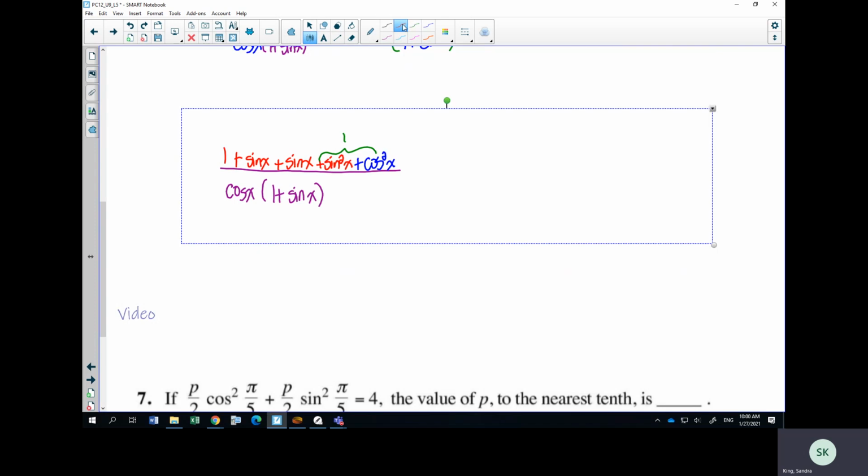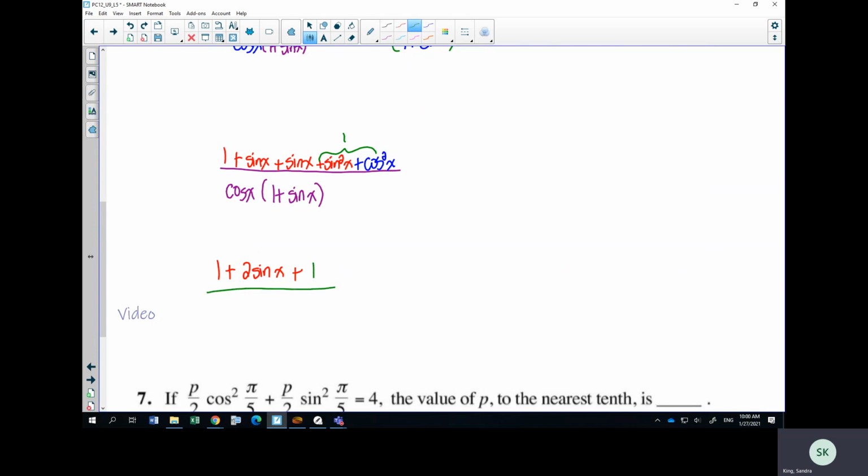So my numerator would simplify to 1 plus 2 sine of x plus that 1, all over the common denominator of cos of x, 1 plus sine of x. Okay, from here, let's simplify the numerator. 1 and 1 is 2. So 2 plus 2 sine of x all over cos of x, 1 plus sine of x.